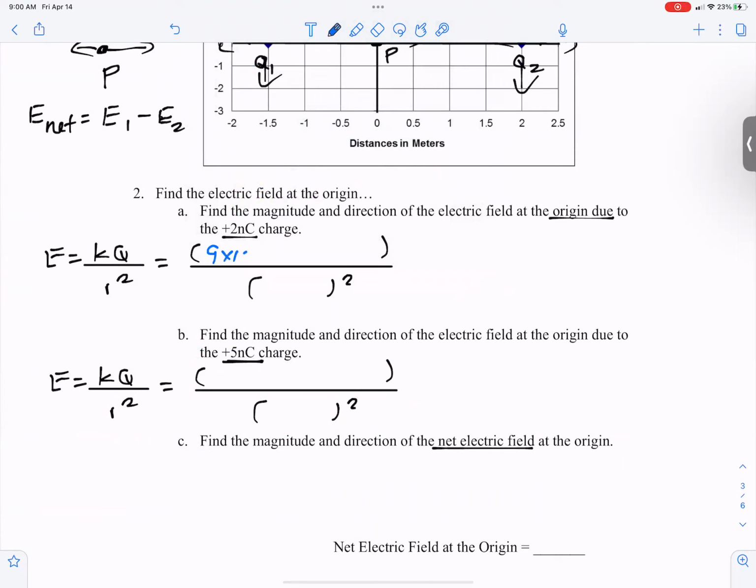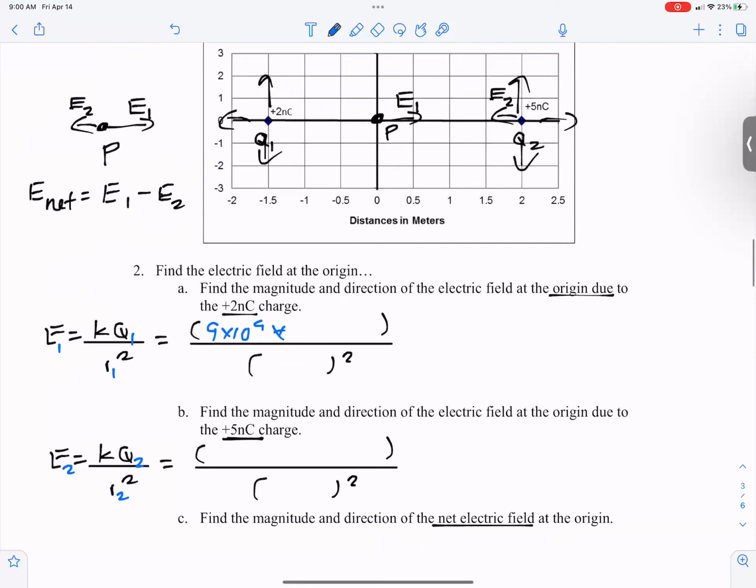So it's 9 times 10 to the 9 times, now this is Q1, this is Q2, this is R1 squared, this is R2 squared, this is E1, this is E2. For Q1, it's going to be 2 nanocoulombs, so 2 times 10 to the negative 9, and you can see it is a distance of 1.5 meters away.